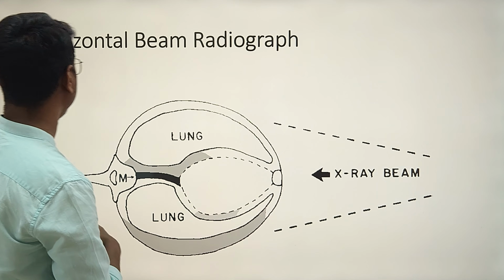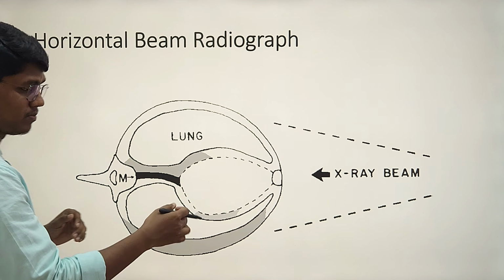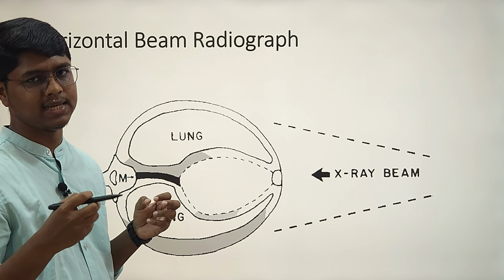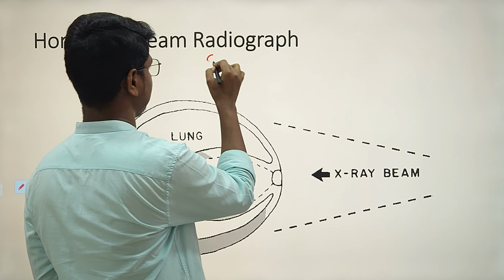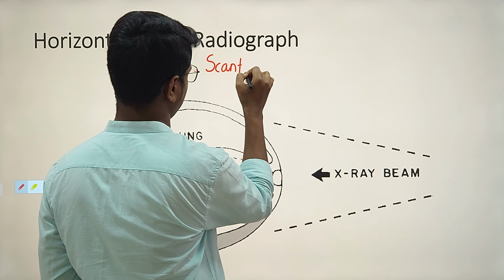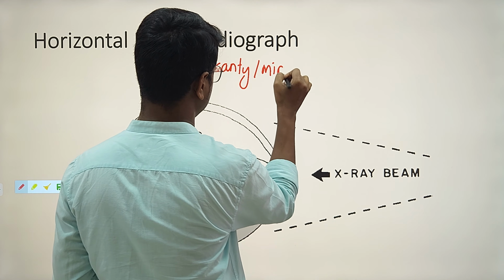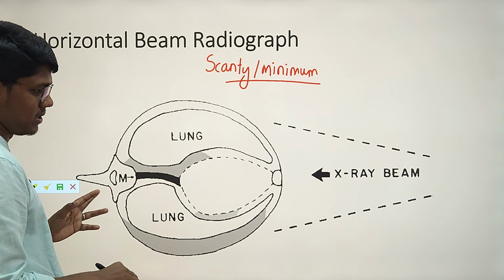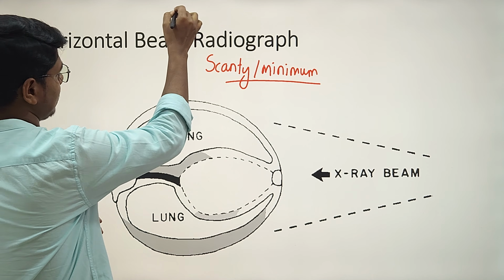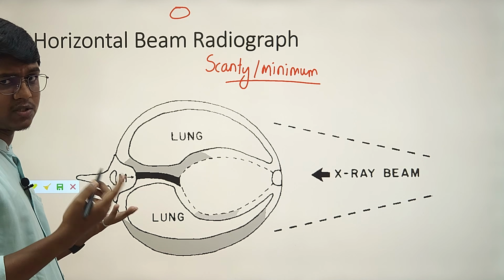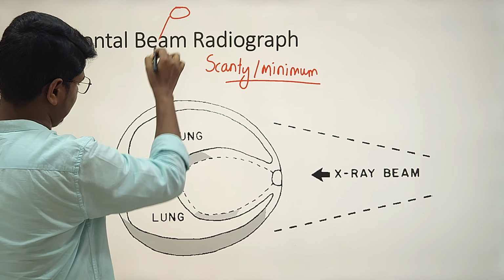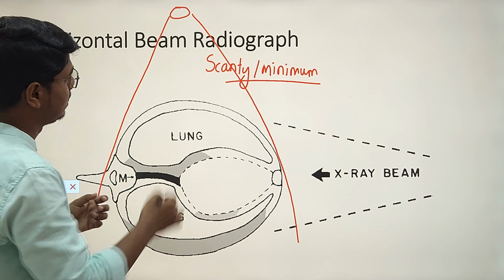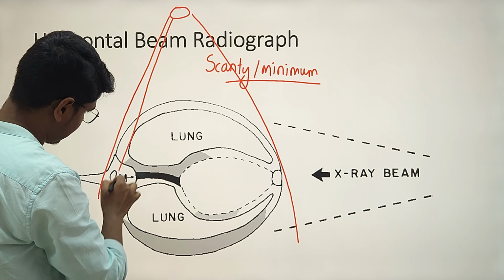Okay. Now, horizontal beam radiography I told you about some time before. It is very helpful when the pleural fluid is scanty or minimal. What happens actually when the animal is in lateral recumbency to take a radiograph? If you are taking the radiograph normally, you have to take it vertically. So suppose the beams go in this fashion.